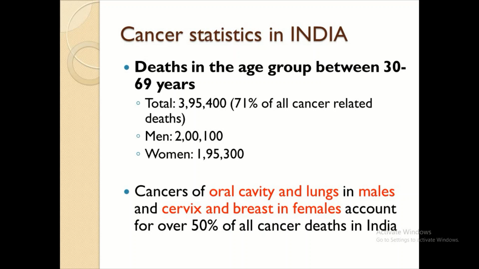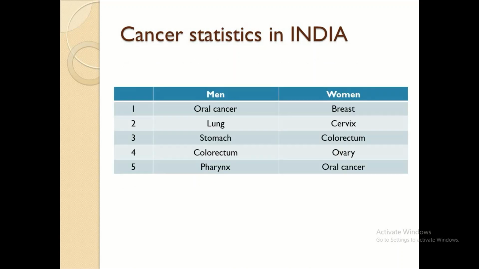Cancers of the oral cavity, that is oral cancer, and lung cancer in males, and cervical cancer and breast cancer in females account for 50% of all cancer related deaths in India. Among all types of cancers, these 4 cancers occupy 50% of cancer related deaths in India.